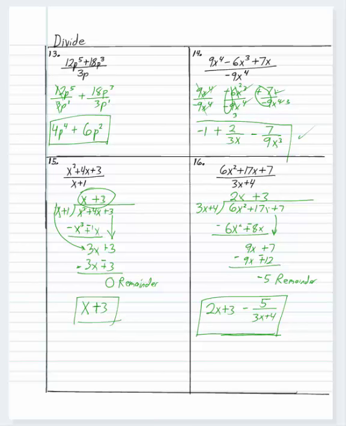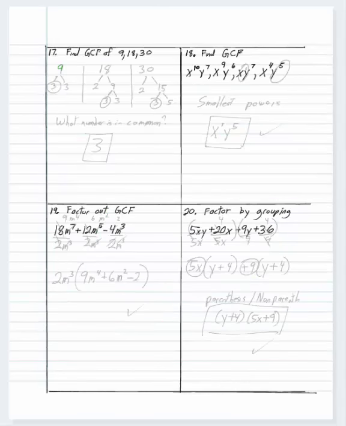Alright, number 17, we would like to find the greatest common factor of 9, 18, and 30. Well, two numbers that make 9 are 3 and 3, and that's it. Two numbers that make 18 are 2 and 9, but 9 can break down into 3 and 3.